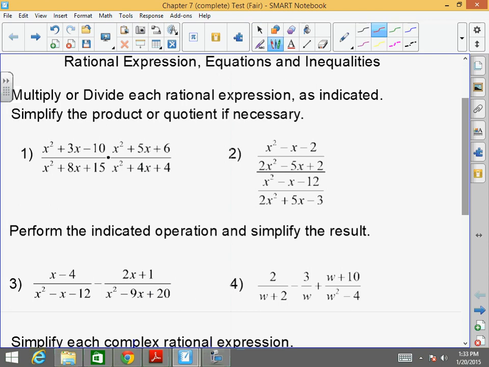First things first, I need to factor this because I am multiplying here, okay? So I'm going to factor it.